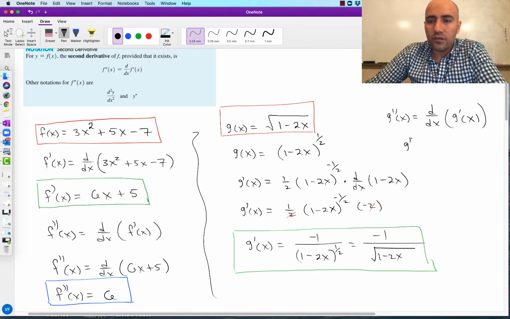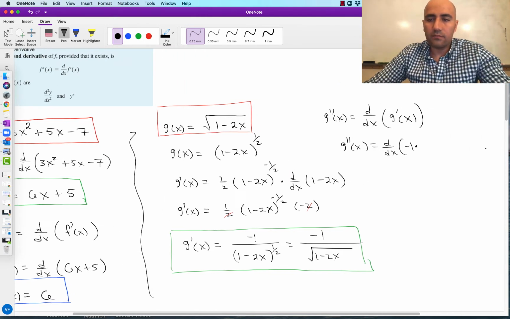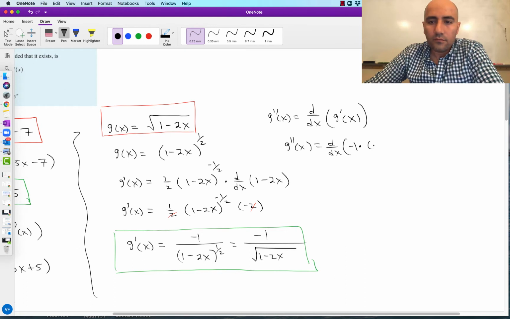So g double prime of x is going to be equal to the derivative with respect to x of, now I can write it like this or like this, but I'm going to choose to write it with the minus 1 out in front. So this is going to be negative 1 times 1 minus 2x to the power of negative 1/2.